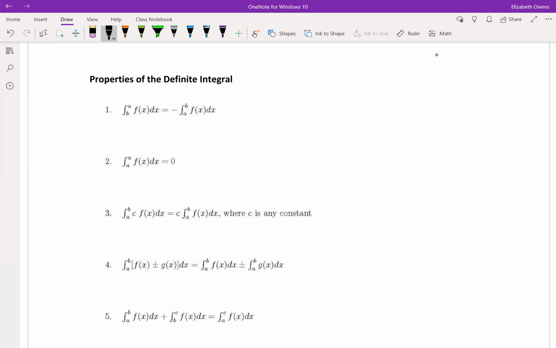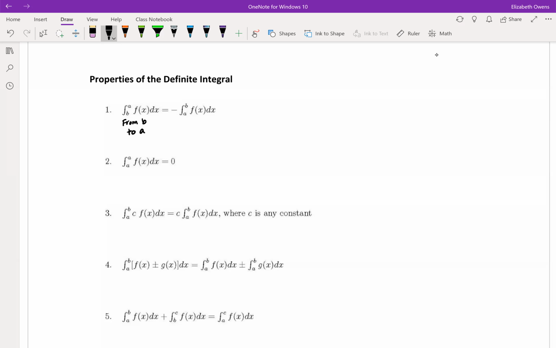On this first one, you can see that the property says if we take the integral from b to a of the function f of x dx, the distinctive thing here is that those limits are opposite what we've seen so far. This is from b to a. Normally it says from a to b.